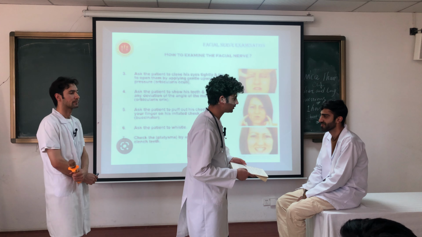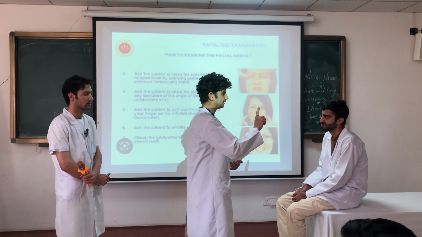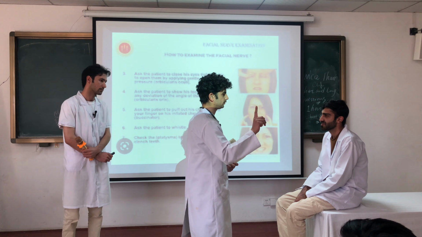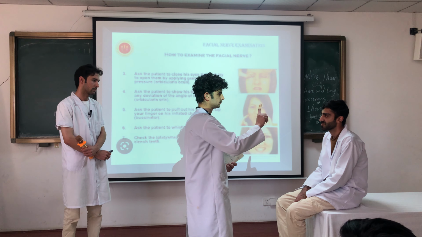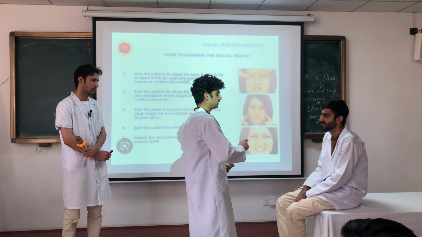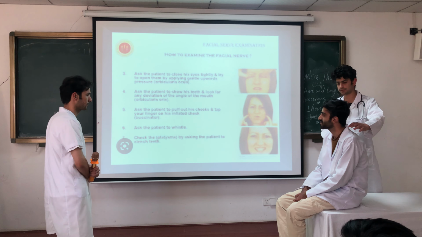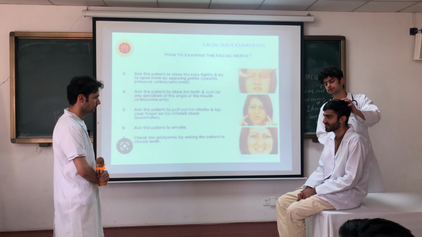So we check these nerves. Can you keep your head still and move your eyes with my finger movement? Can you see? Yes. We also go behind the patient and look for any ptosis or exophthalmos.